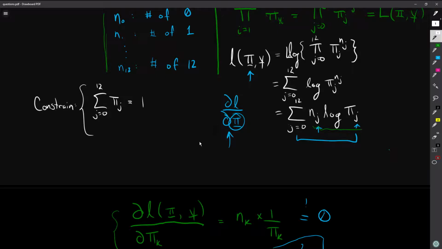So this constraint here is the same thing as saying 1 minus the sum of j equals 0 to 12 of pi j equals 0. And so we're going to add on lambda times this term, right?